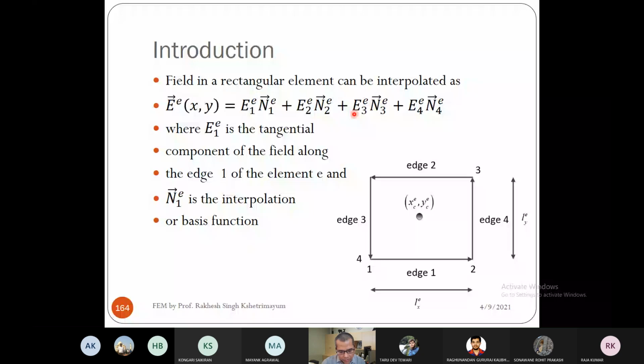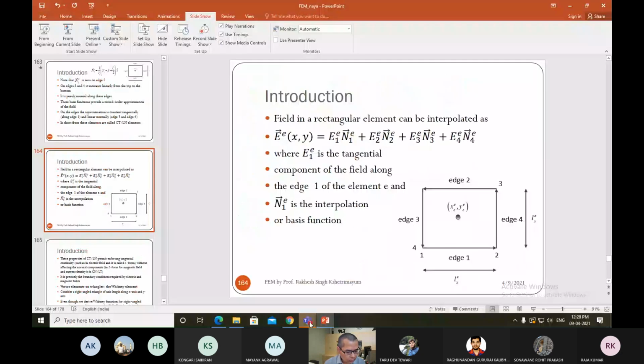Let's say I want to find the electric field, the fields inside this rectangular element.